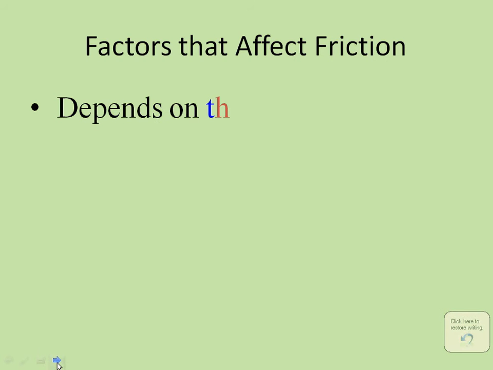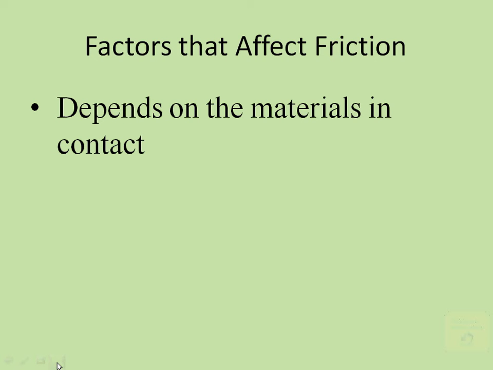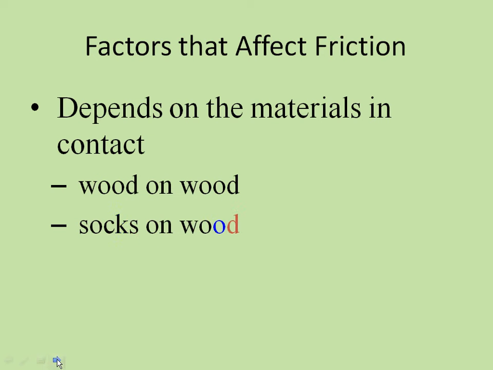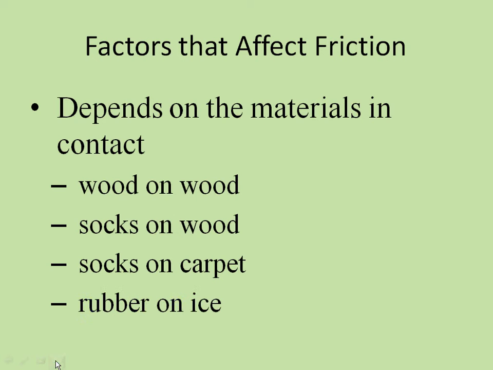Factors that affect friction: it depends on the materials in contact. So you can have wood on wood, socks on wood, socks on carpet. Think about sliding across the gym floor versus sliding in your living room, which has carpet, and rubber on ice. So those are all coefficients of friction that we can look up.